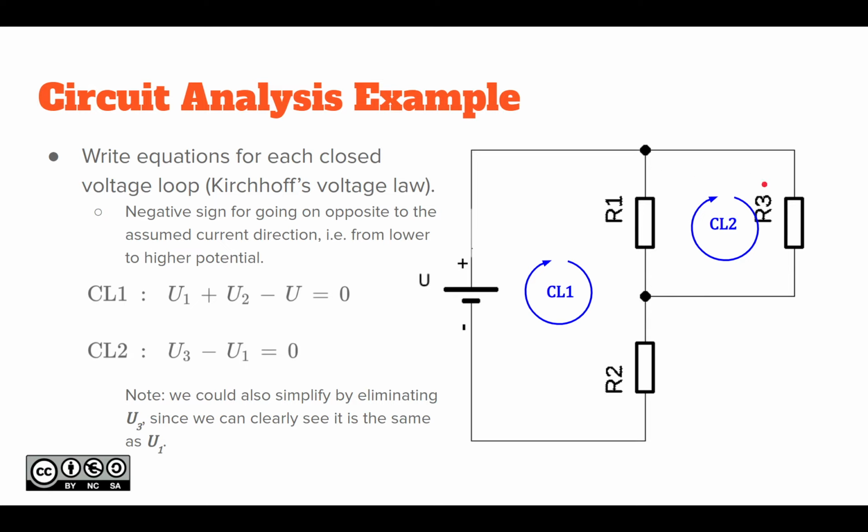So you have U3 minus U1 equals 0, directly using Kirchhoff's voltage law. However, again, it would be equally the same by writing U3 equals U1. Duh. And we could actually eliminate that U3 totally using that, but just for fun, let's keep that equation there also.